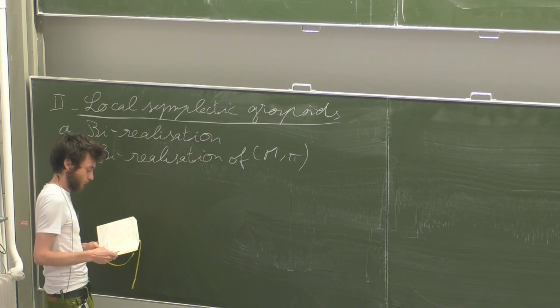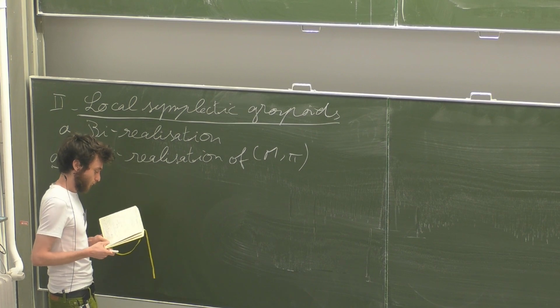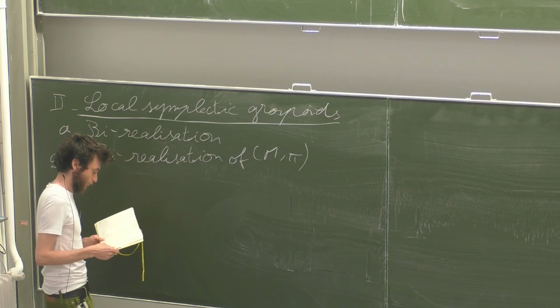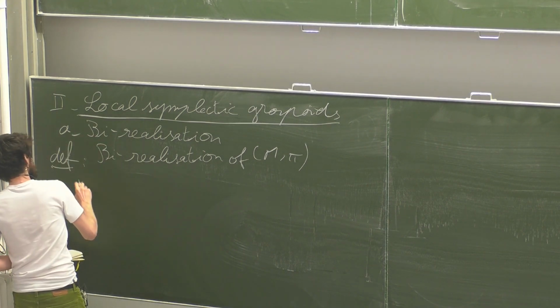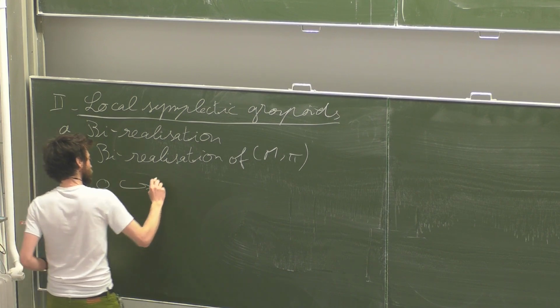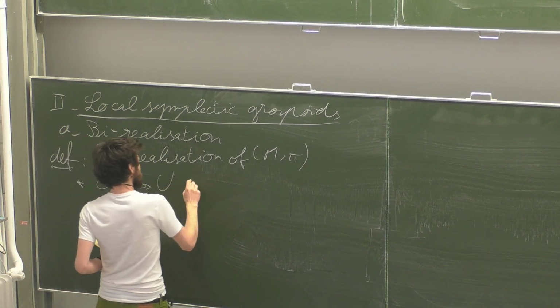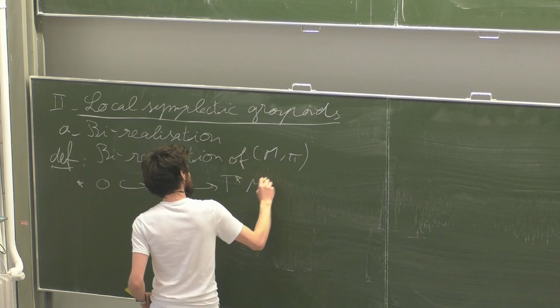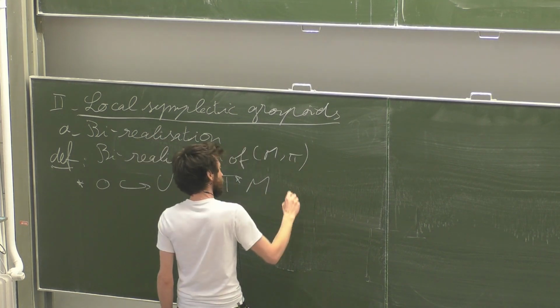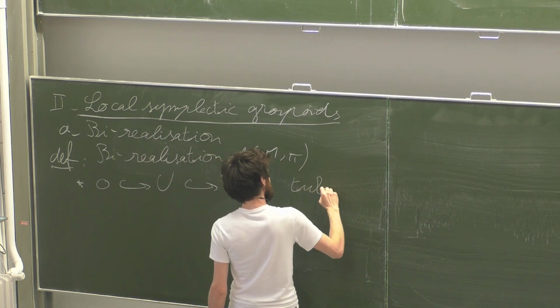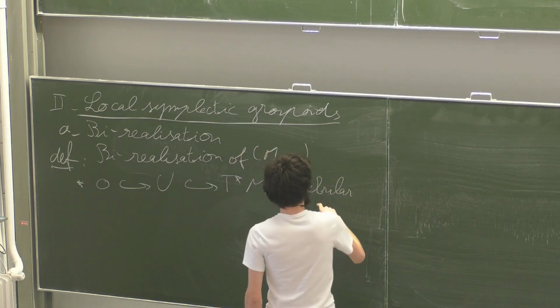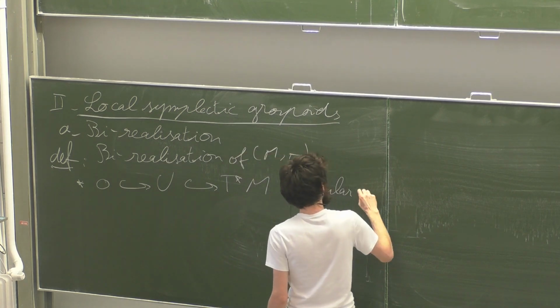B realizations are just a tool to do computation on local symplectic groupoids. I'm going to tell you what this is. It's a tubular neighborhood of the cotangent bundle of M. A tubular neighborhood of the zero section.